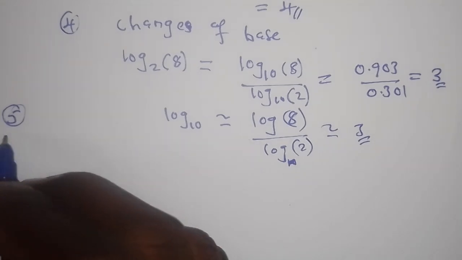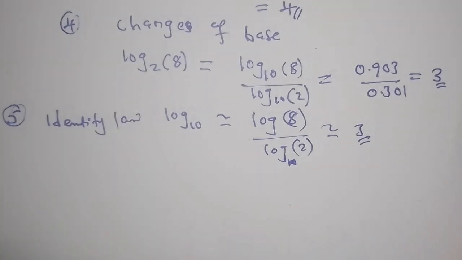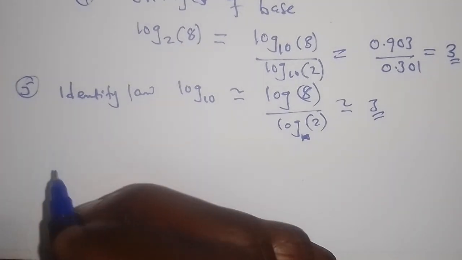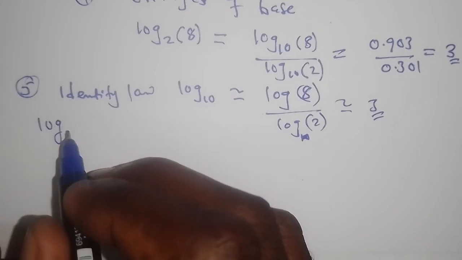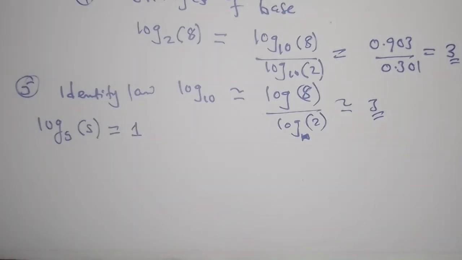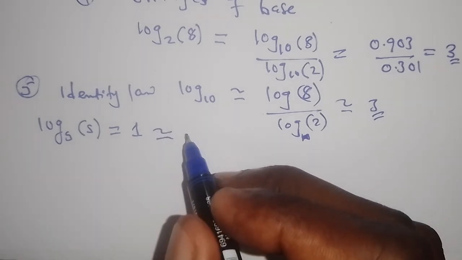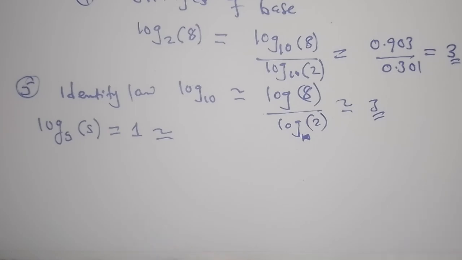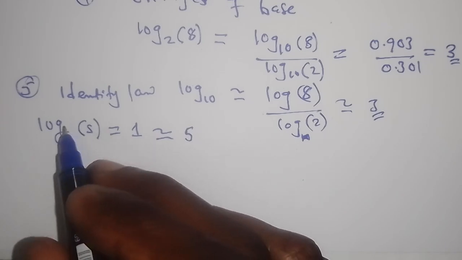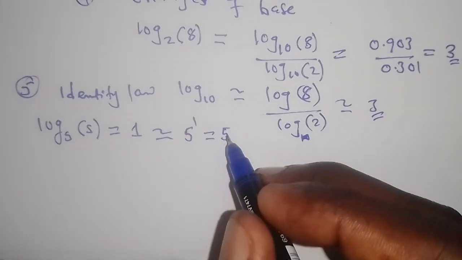When you're talking about identity, which also came out on this part, for example, log base 5 of 5 equals just 1, because the equivalence is: to what number can I raise 5 so that the answer is 5? Anything to the power 1 is that number. So we get that.